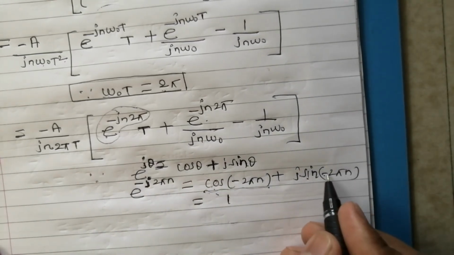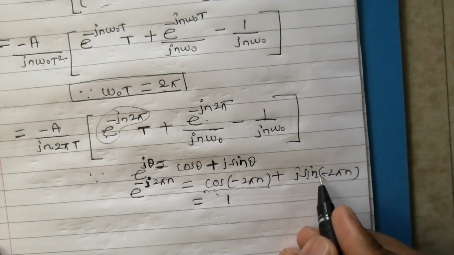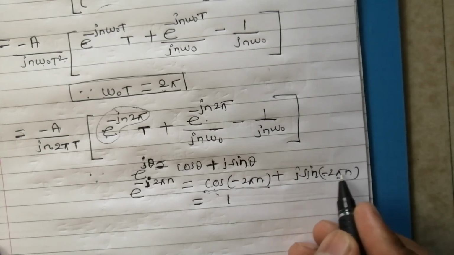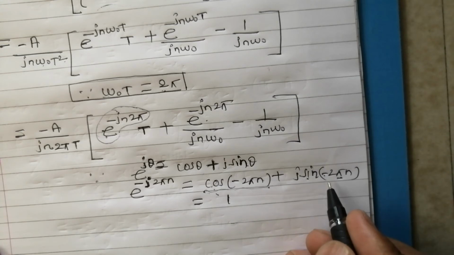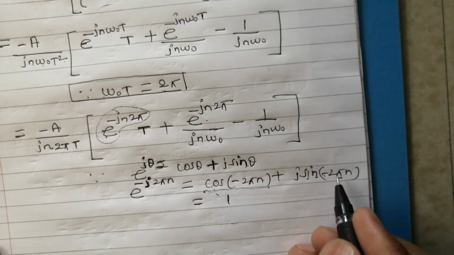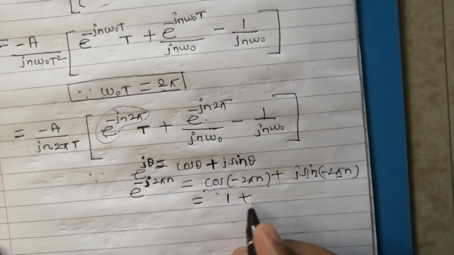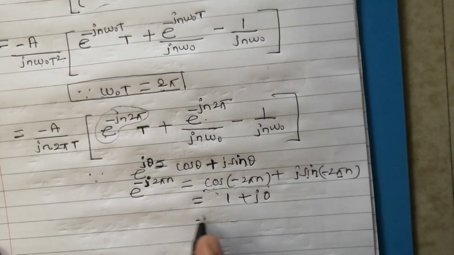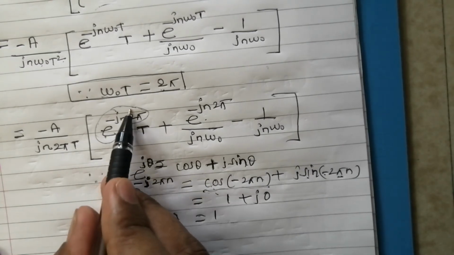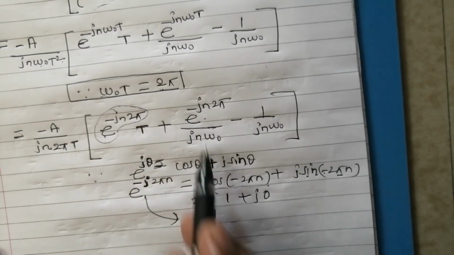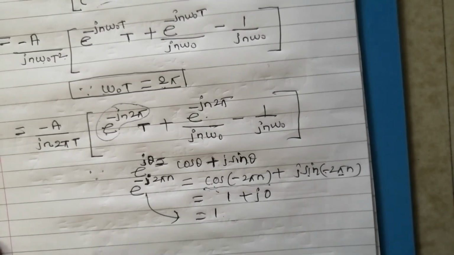And sine of an odd multiple of pi or sine of an even multiple of pi, every time it is going to be 0. So the result is finally 1. Wherever it is, I will write that as a 1.